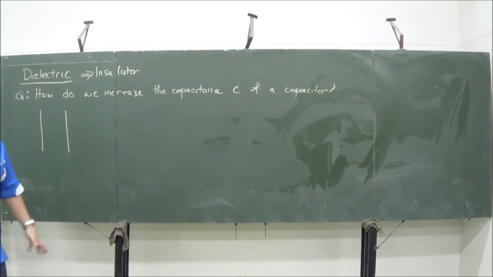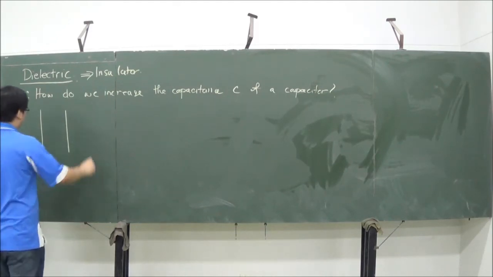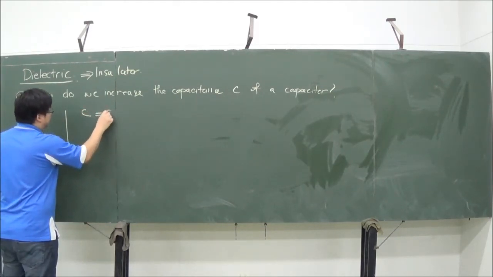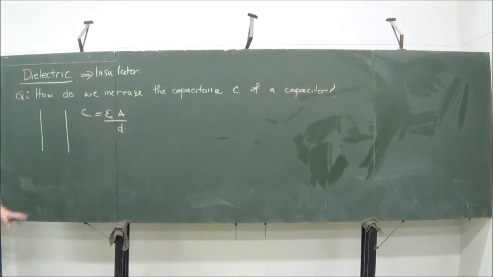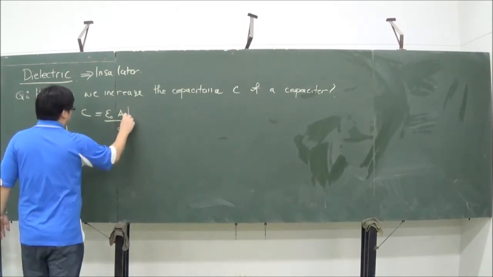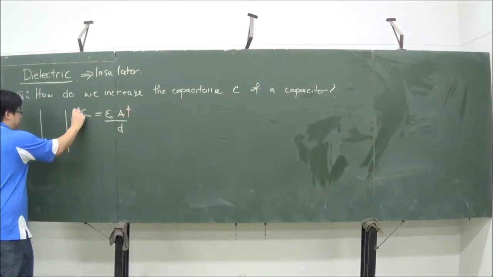Suppose that we've got two parallel plates. The capacitance is epsilon naught A over D. You might say, okay, why don't we increase the area A and then C will increase?